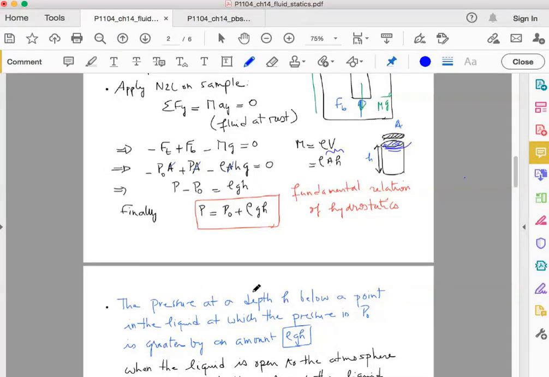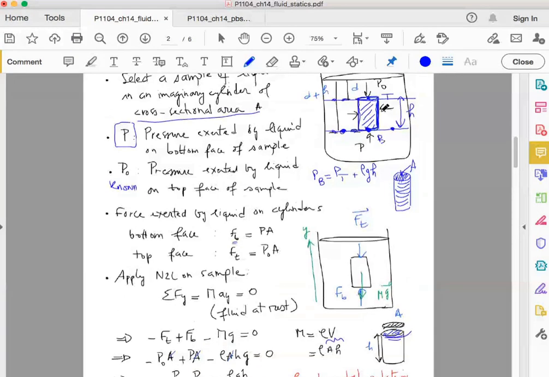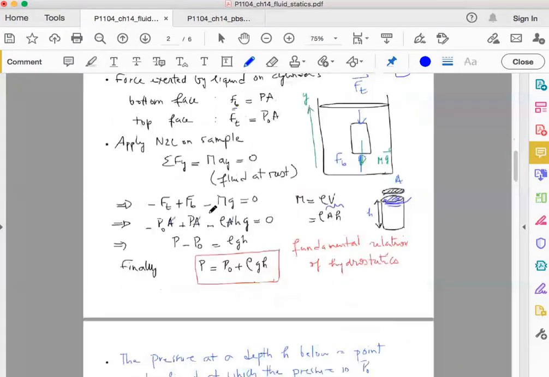So if you take a point where you know the pressure to be P0, and the point you want is below it, the pressure there is P0 plus the quantity rho GH, where rho GH is the pressure exerted by the fluid on top of the point you are looking at, between that point and the point where the pressure is known. So this, very simply, is the fundamental relation of hydrostatics.